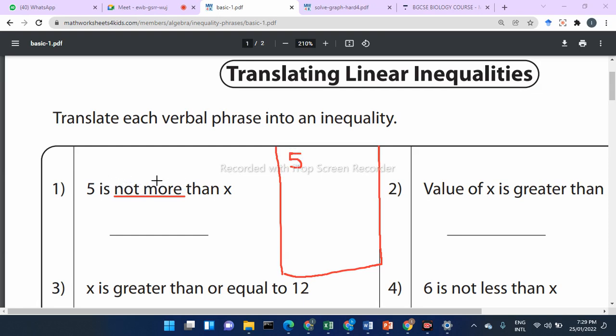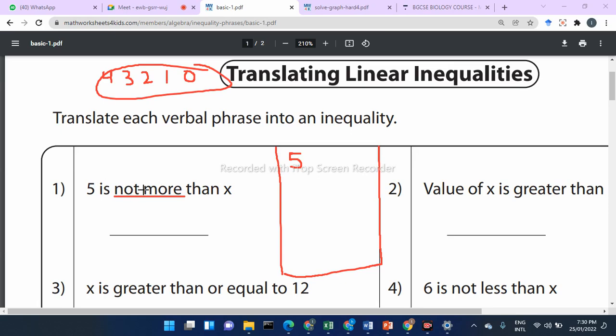Give me a number that's not more than 5. 4, 3, 2, 1, 0, negative 1, negative 2, and so on, right? So these numbers are less than 5.